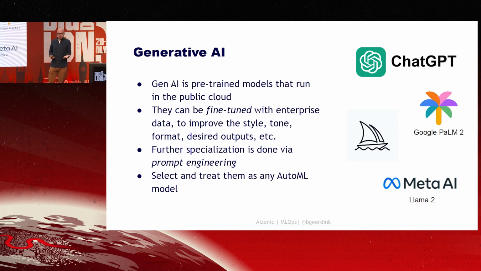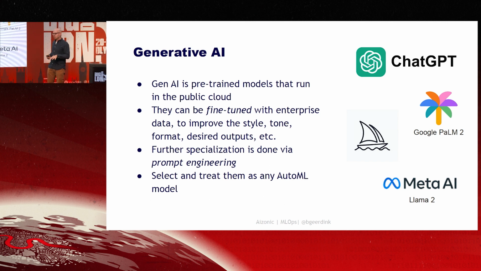What I already mentioned: treat them for now, for maybe 95% of the organizations, as an AutoML model. You could create your own vector database as a specialized feature store, and you could train your own large language models, but the question is, do you want to do that? Because is it worth the effort or not?